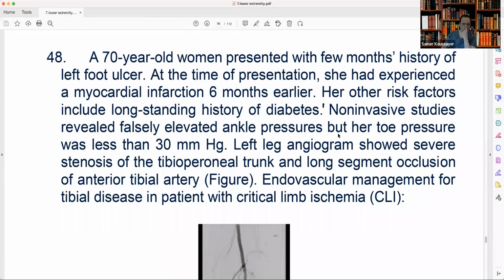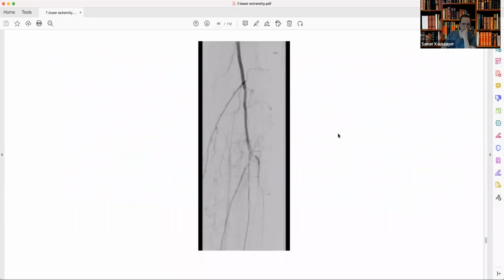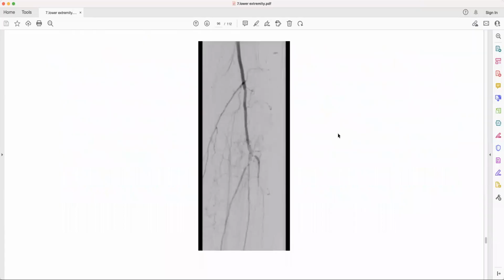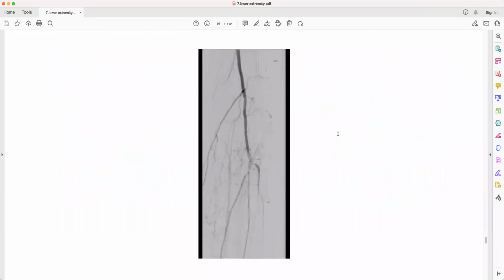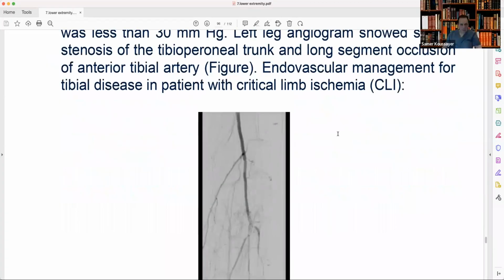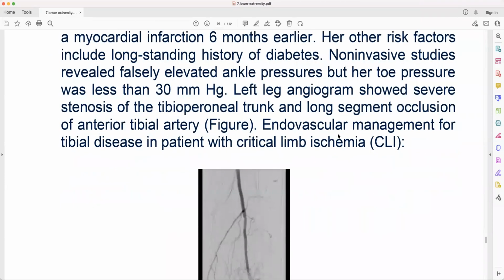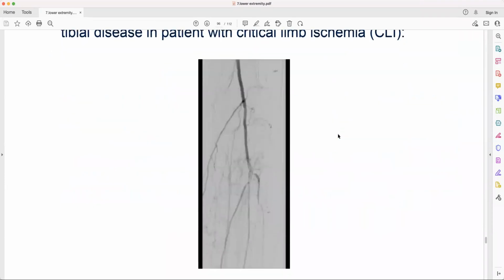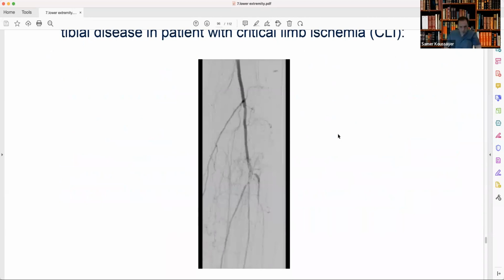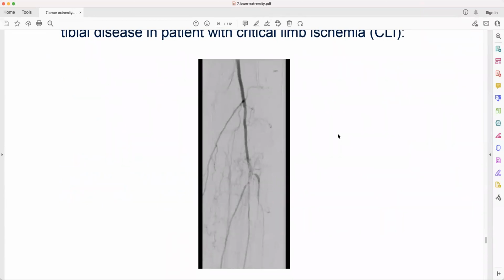Okay, before we go, you see the picture here? This is an old lady presented with tissue loss with below knee disease mainly. She had trifurcation disease and the anterior tibial is gone. So we will start like in real life.